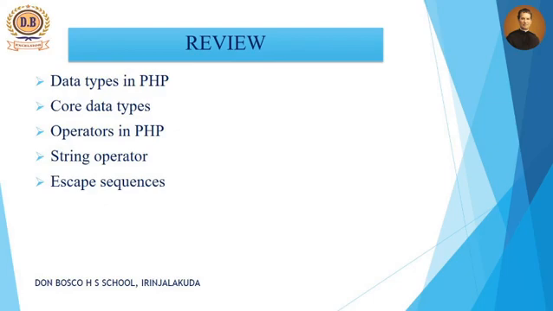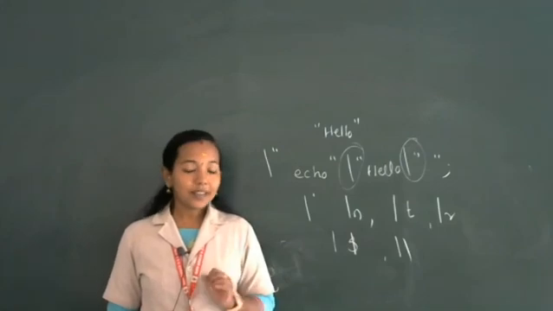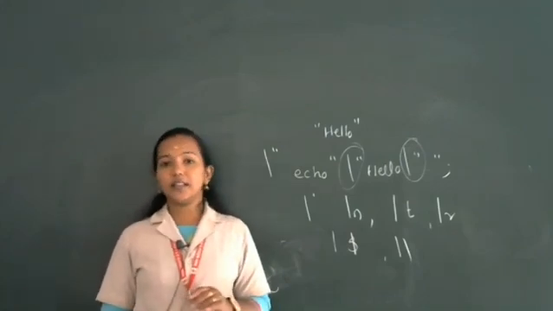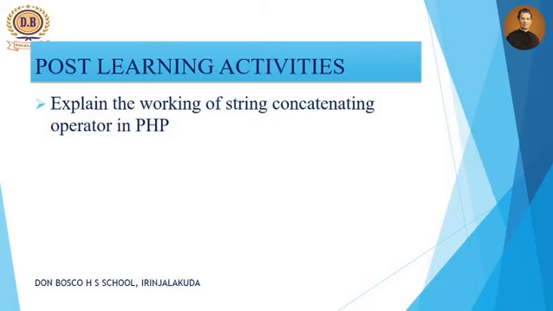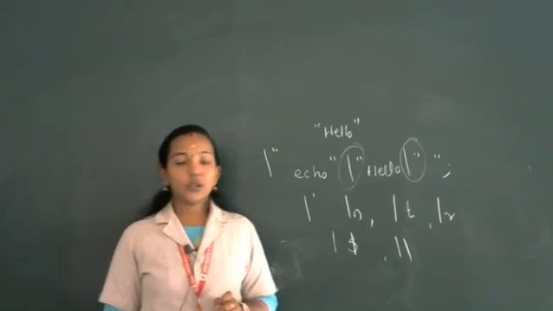All the normal operators that we use in Java and C++ we also use in PHP, except the string concatenation operator, the dot equal to operator, and the various escape sequences. Then you want to write one question in your notebook: explain the working of the string concatenation operation with the help of an example. Clear? Hope you understood.